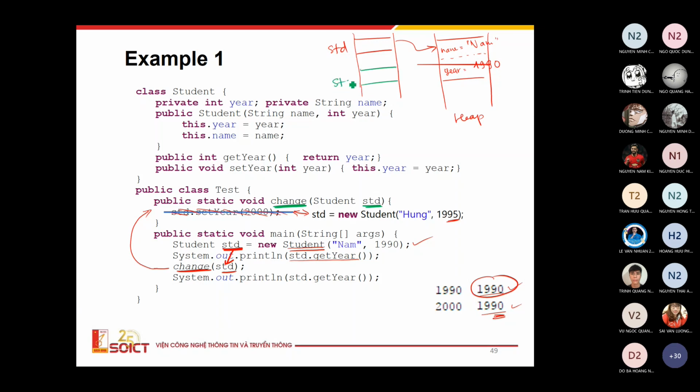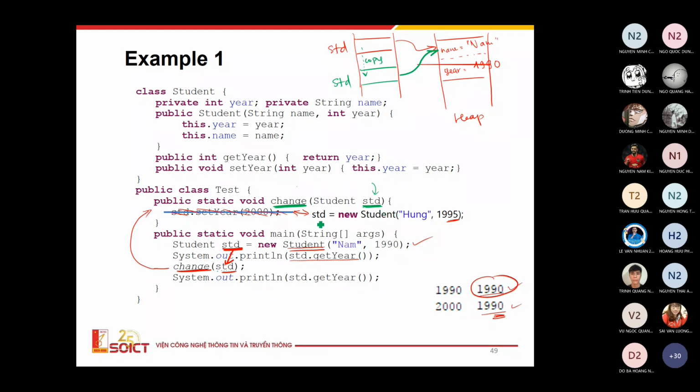Okay, you will have this local STD. Okay, and it will copy the value in the STD of the main method to this local STD. Everything the same. Okay, so the STD now also refers to this object. Okay, because here is the copy.